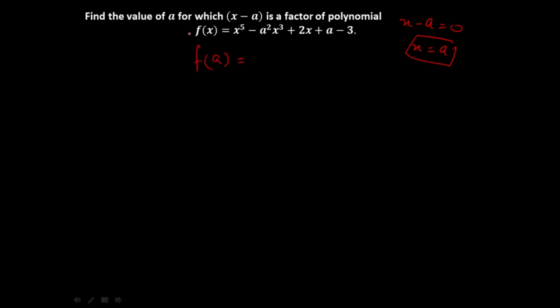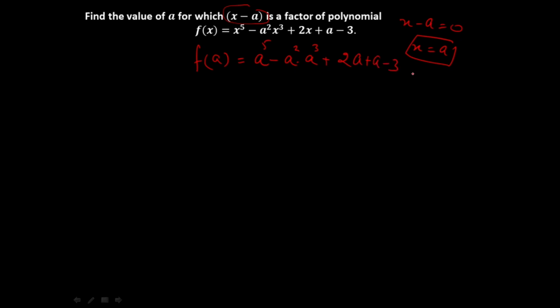But the remainder in this case is 0, because this value is a factor of this. So how to find the remainder? a to the power 5 minus a square into a cube plus 2a plus a minus 3.